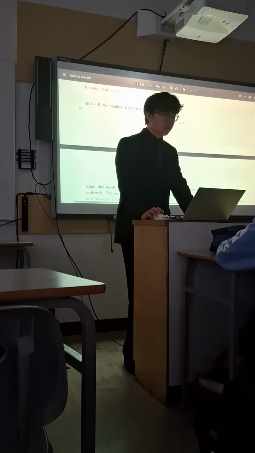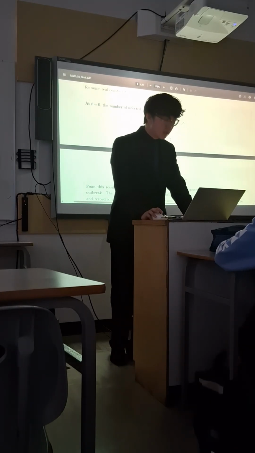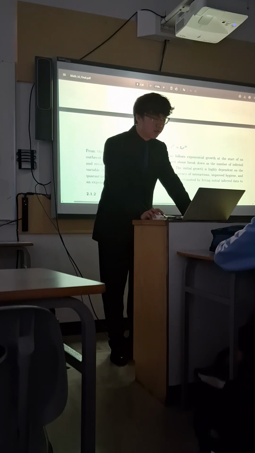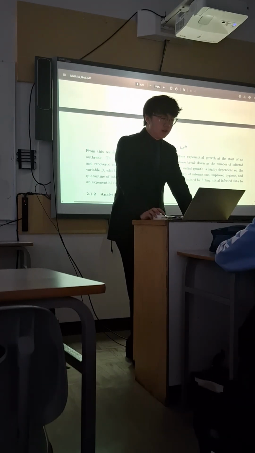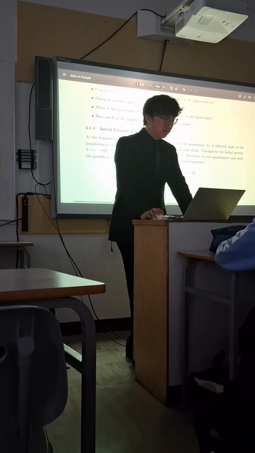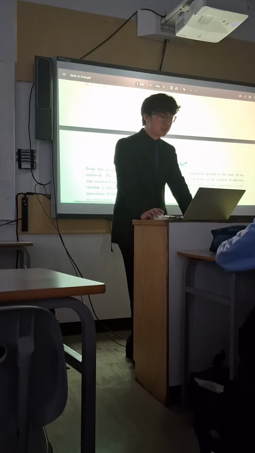At t equal to 0, the number of infected individuals is I0, as we defined earlier. So we have I0 is equal to e to the c, and we can substitute this back into the equation. So in the end, we get that the initial growth of the SIR model of disease spread follows the function I is equal to I0 e to the beta t.